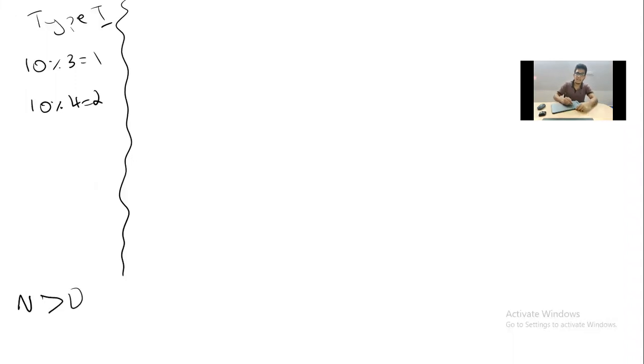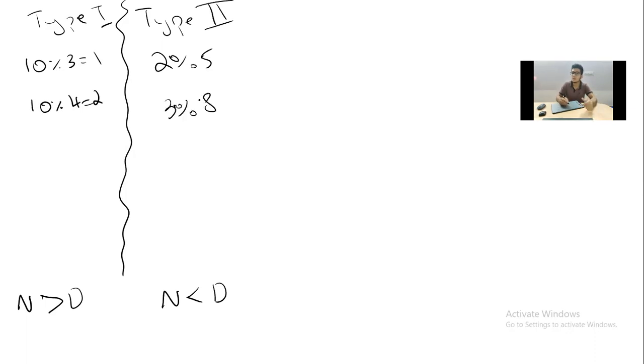But there is a type 2, where it becomes a little difficult, and if you don't know the trick, it will be difficult for you. In the second type, the numerator is lesser than the denominator. For example, 2 mod 5, or 3 mod 8, or 4 mod 5.